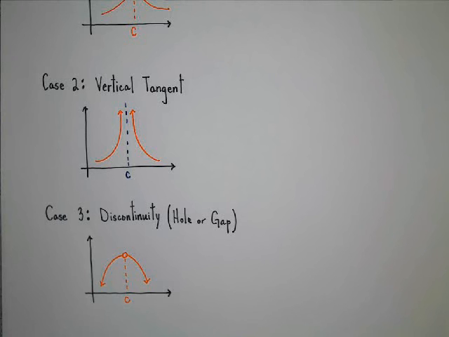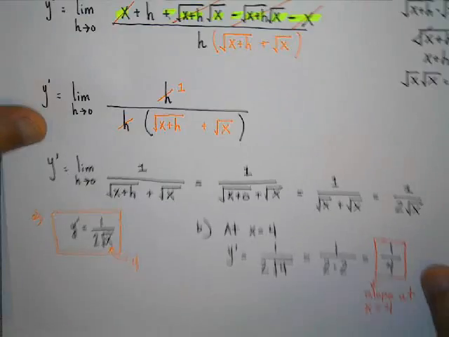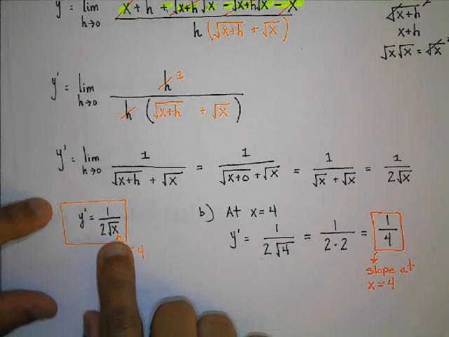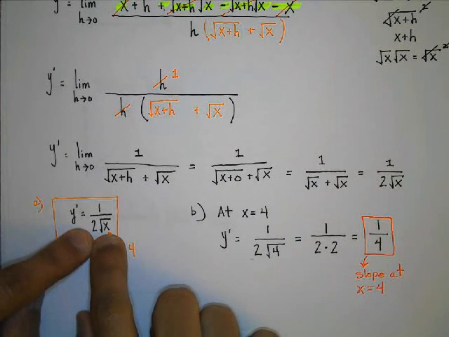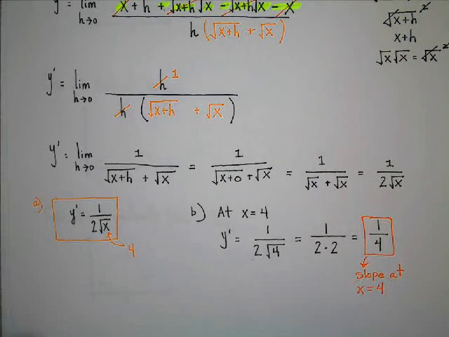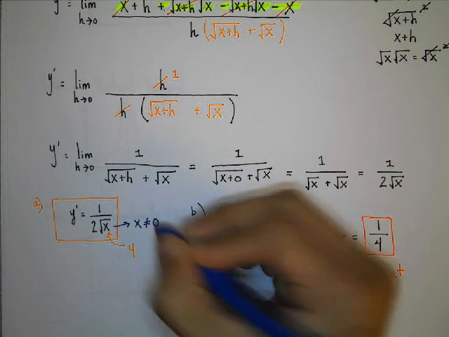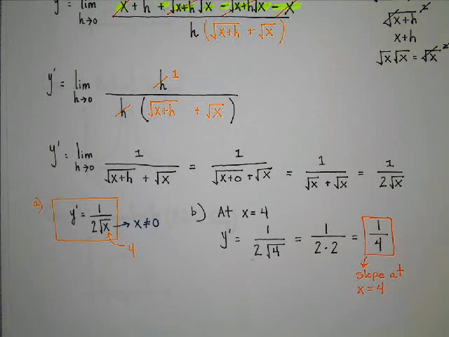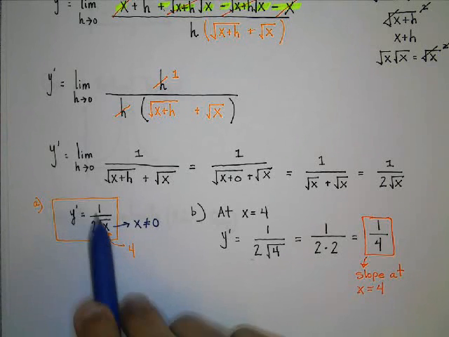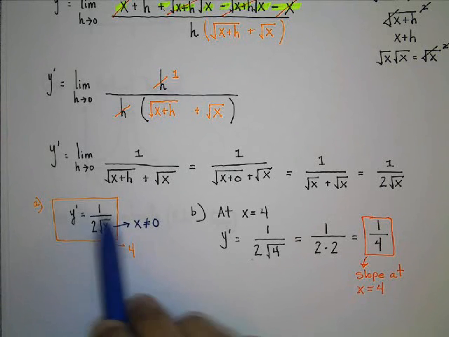If I go through some notes here really quick, in the previous example we calculated the derivative here. And I said earlier that the derivative of this is not going to exist when x is equal to 0. When x is equal to 0, we're going to end up dividing by 0, and that's going to cause some issues.